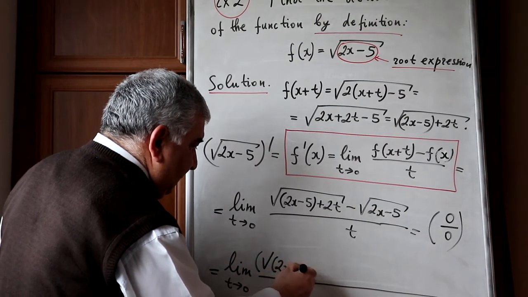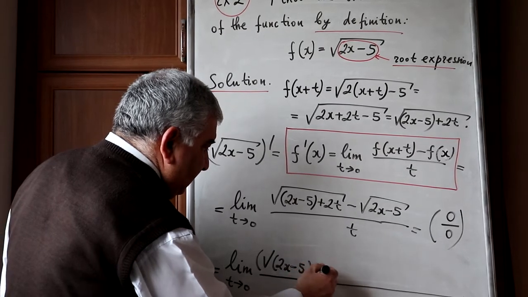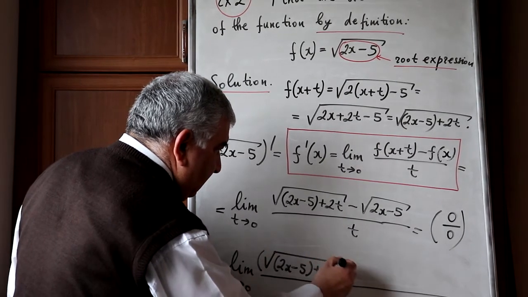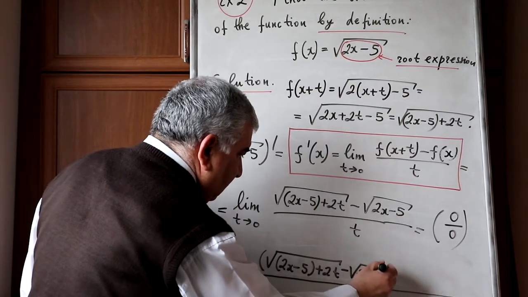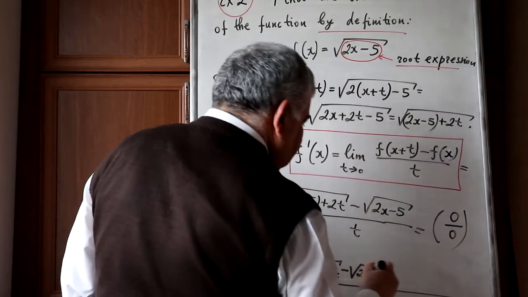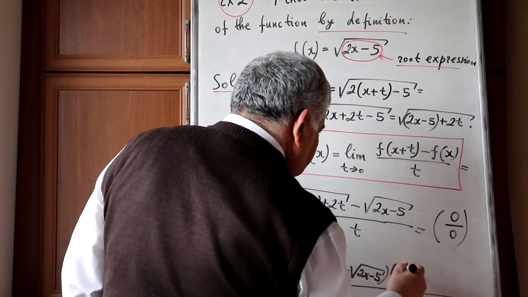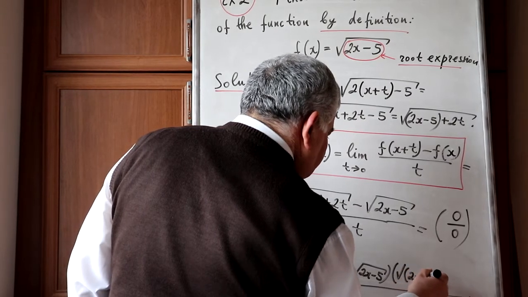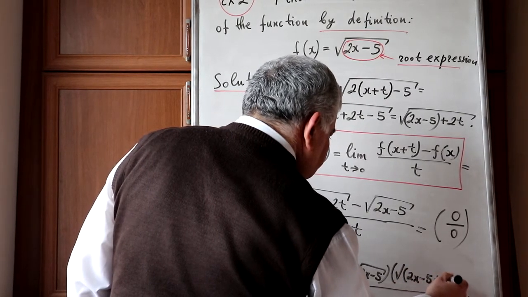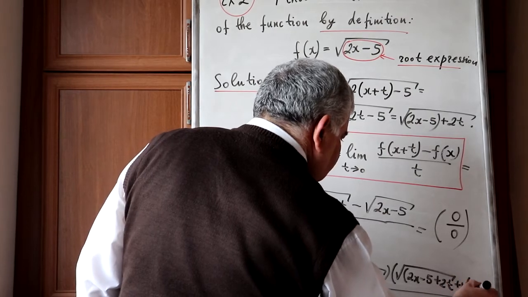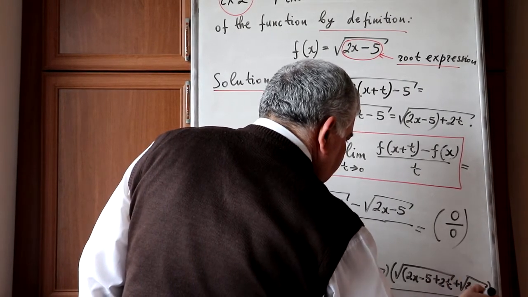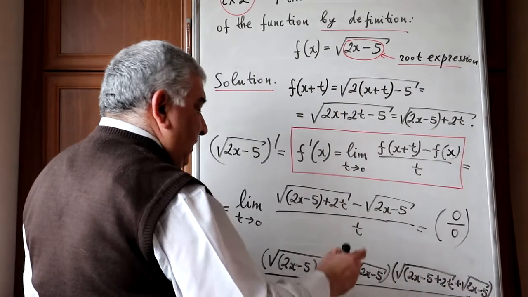So the numerator, square root of 2x minus 5 plus 2t minus square root of 2x minus 5, multiplied by its conjugation, square root of 2x minus 5 plus 2t plus square root of 2x minus 5.